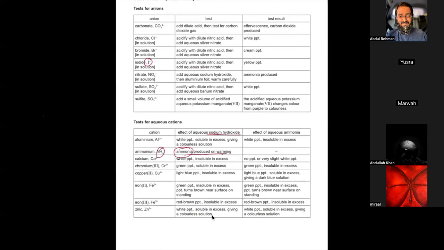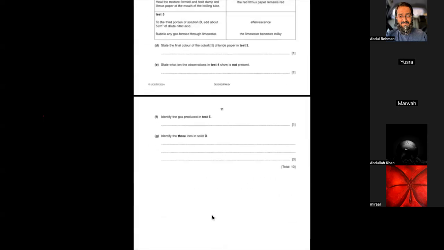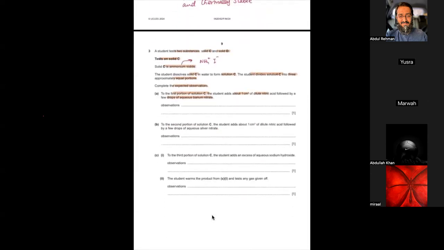So for iodide, we are not going to add barium, right? Nor with the ammonium ion. So it means over here the observation would be no change. Is this clear to all of you? Yes, sir. Adding barium nitrate would not give the test with either ammonium or iodide.